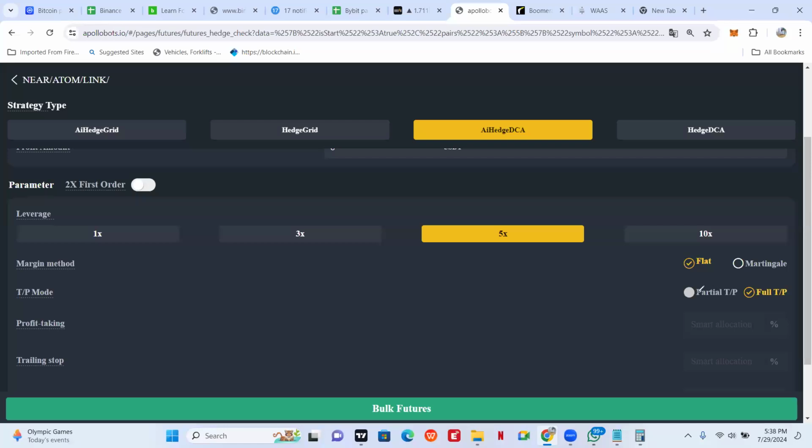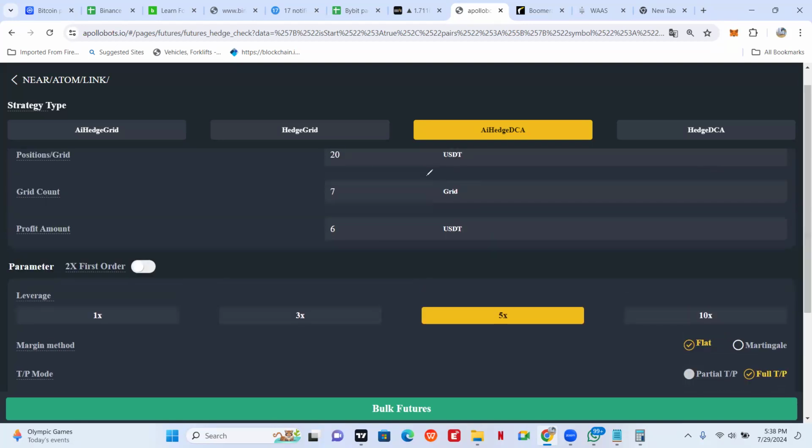Now partial TP is disabled for AI HDCA from level 1 to 4. Okay, from 1 to 4, it is disabled, but then the robot triggers it on once you exceed the 4th layer, once you exceed the 4th level. Okay, remember that you have 7 counts here, 7 layers here.